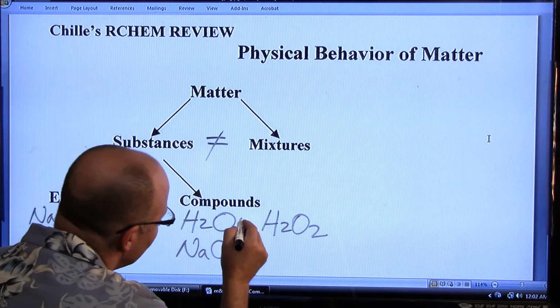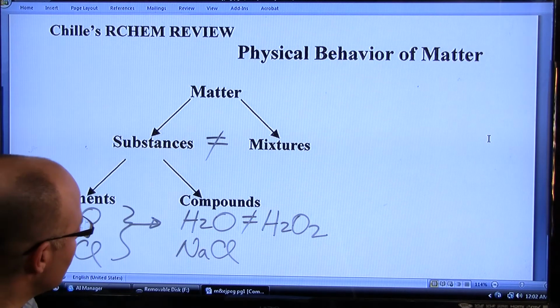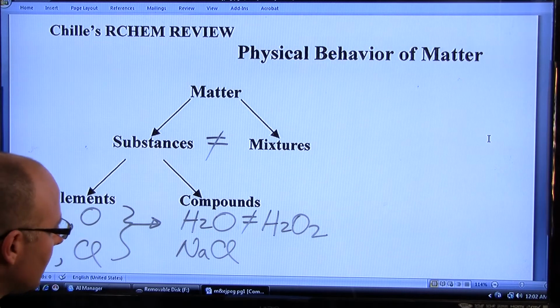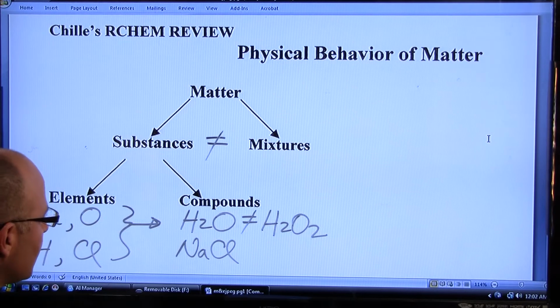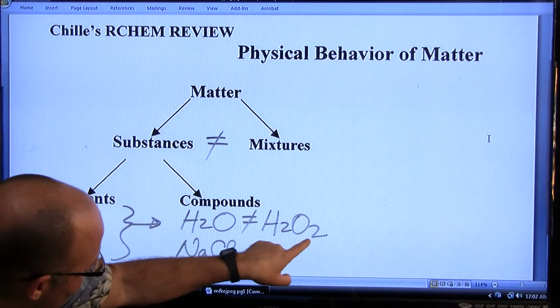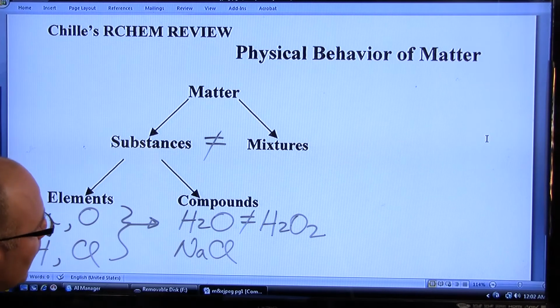And clearly, H2O2 is not the same thing as H2O. So you can tell that these are compounds because we have the symbols of two or more elements side by side, and they're in specific ratios, and that's what these numbers here indicate, which are called subscripts. We'll talk more about formula writing much later on.